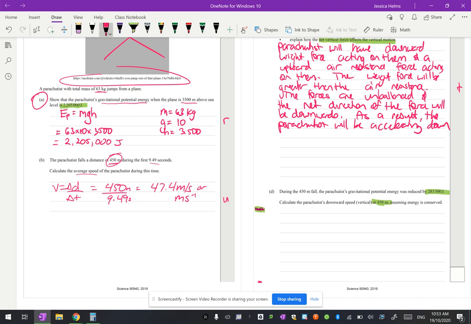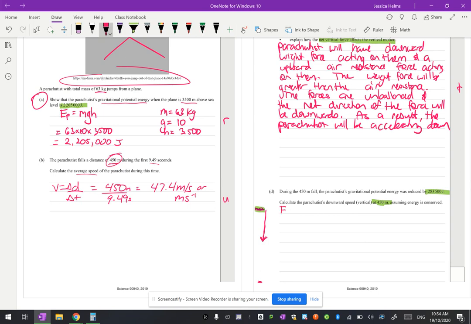Then they are falling. And we know that the relationship between the potential energy and the kinetic energy is sort of a sliding scale. As they fall, they are losing potential energy, but they are gaining kinetic energy. So if that potential energy was reduced by 283,500 joules, then that has been picked up by kinetic energy.